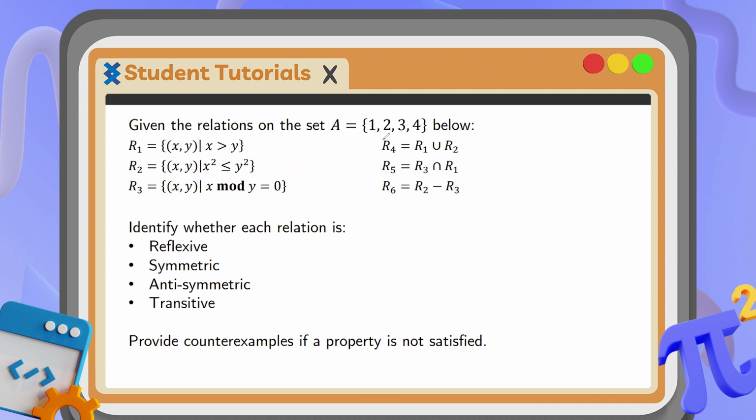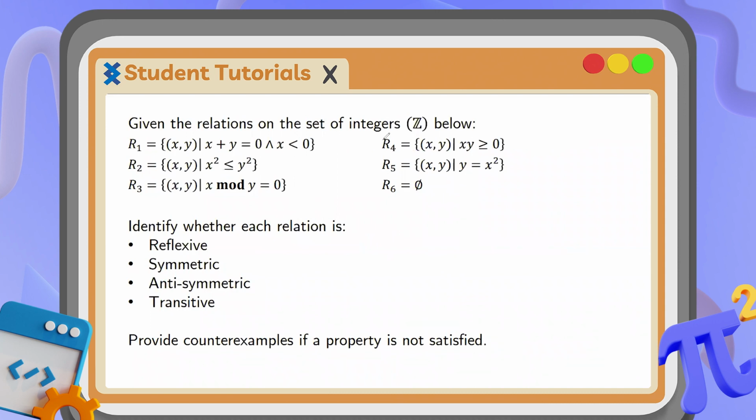So to sample one item, we'll go back here. Let's try to do R1. R1 states that x plus y is equal to 0 and x is less than 0.